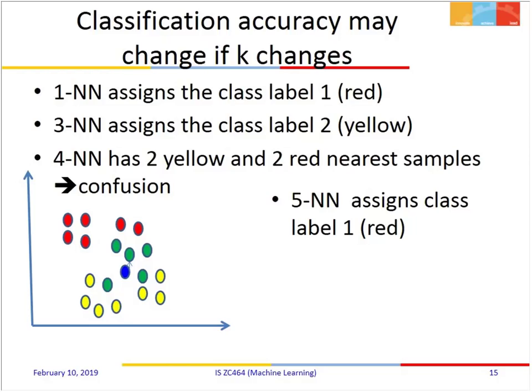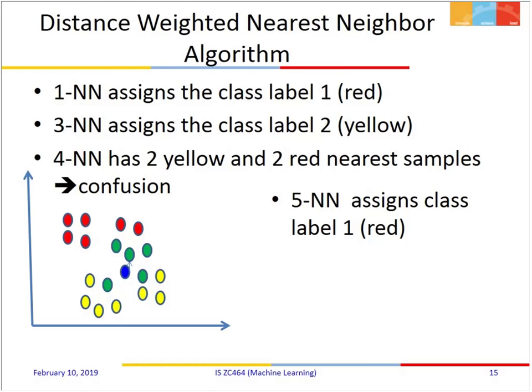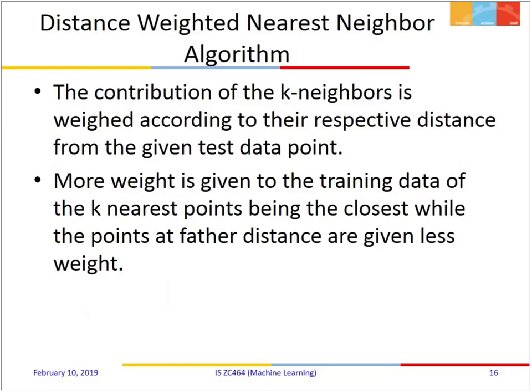We should have a proper way to assign this particular test data to a particular class, for which we have another strategy which is known as the distance weighted nearest neighbor algorithm. So here the contribution of the k neighbors is weighted according to their respective distance from the given test data point.